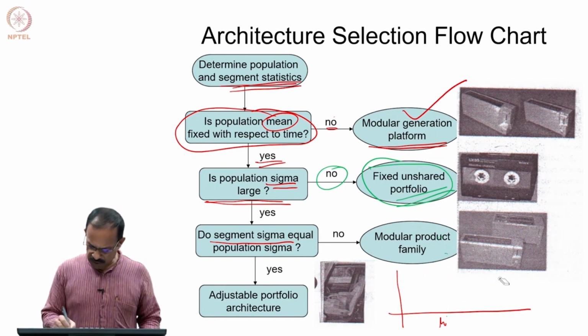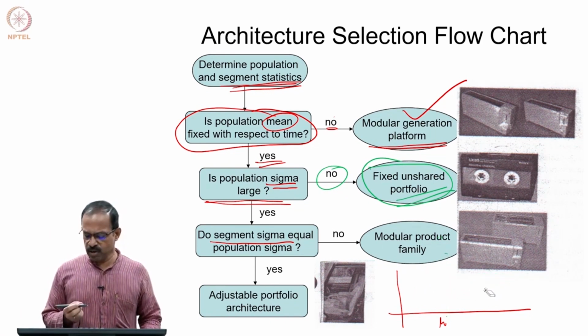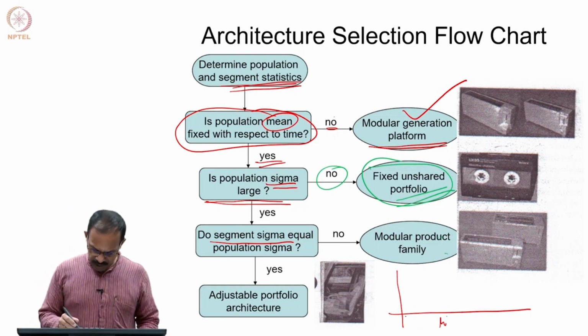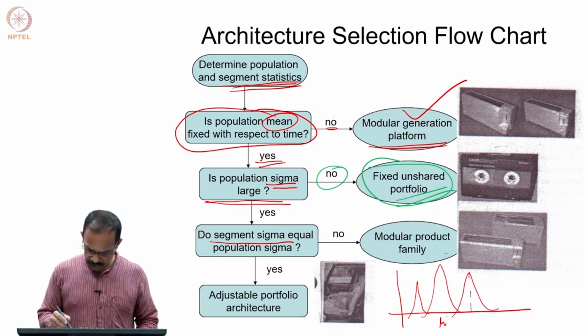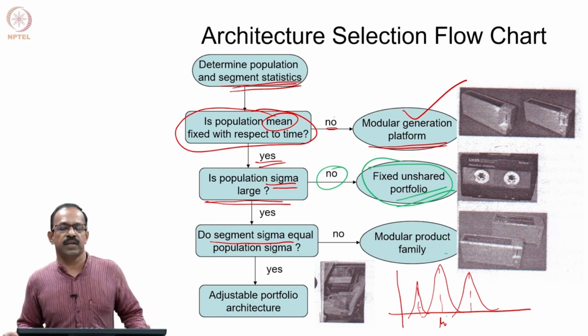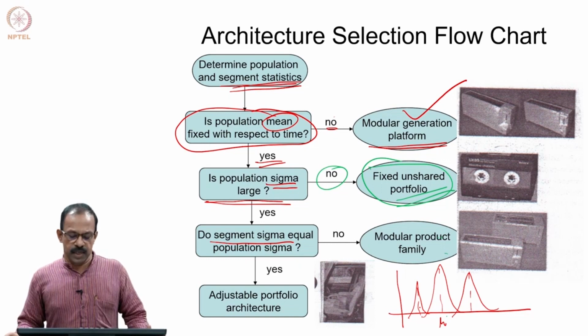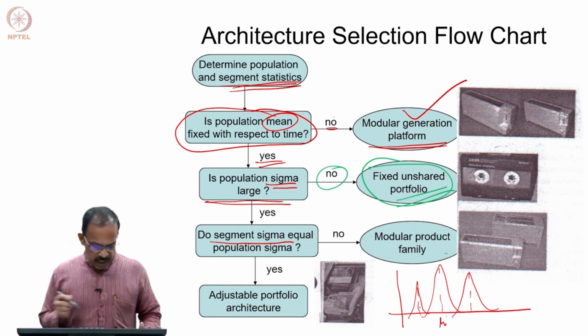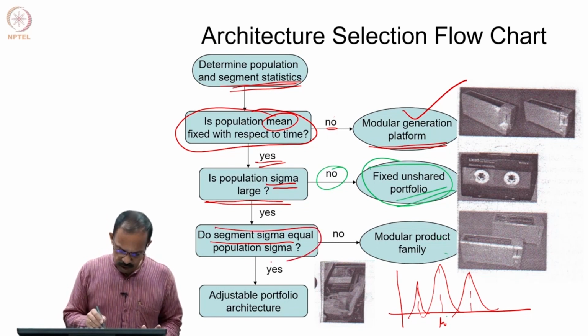Out of this total population, we can find different segments, and then we look at what the mu is for each segment. So this may be one segment, this may be another segment, and this may be another. Each one will have a different mean and standard deviation, and that is why the total population sigma is very large. And therefore we check whether segment sigma equals population sigma.